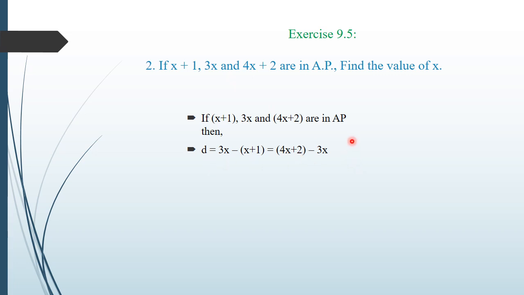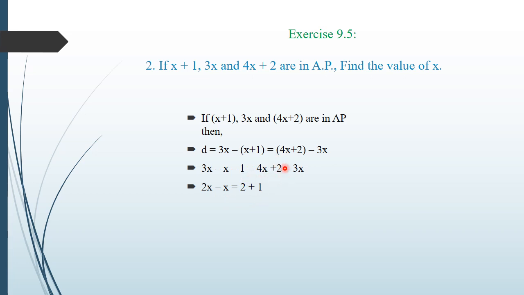When I go on simplifying this, 3x as it is, I am taking this minus sign into the bracket here, it will be minus x, minus into plus will be minus 1 as it is, then equal sign as it is, 4x plus 2, I just opened the bracket here, minus 3x. Again I'll bring all the like terms to one side, therefore 3x minus x will be 2x, and 4x minus 3x will be 1x, that I have brought it here, that is minus x.